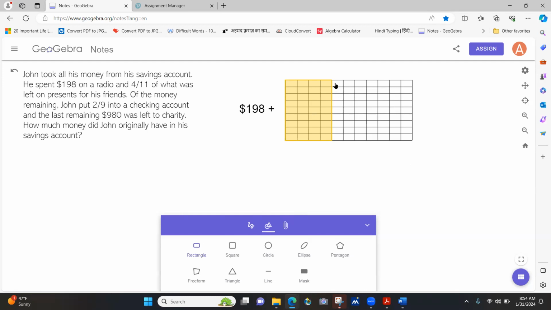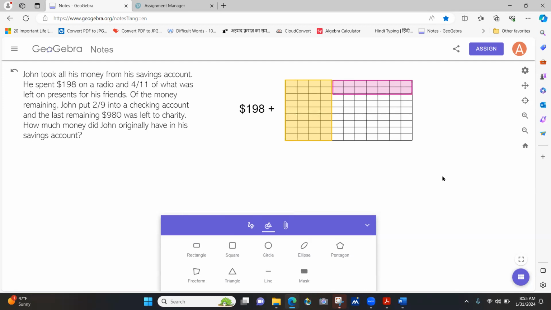So two of those, I'm going to use a different color, maybe pink, purple, whatever you want to call it. Two-ninths was put in the checking account. The pink is the checking account, the yellow is gifts for his friends.